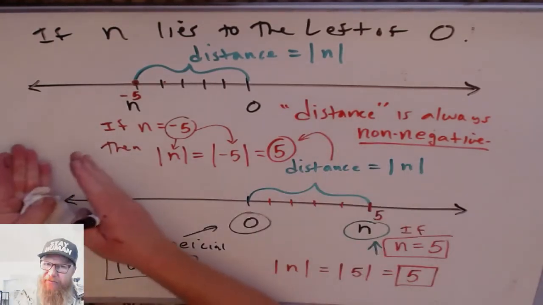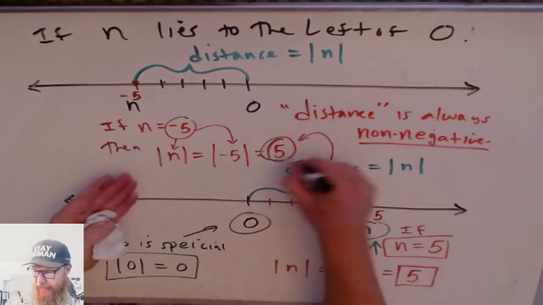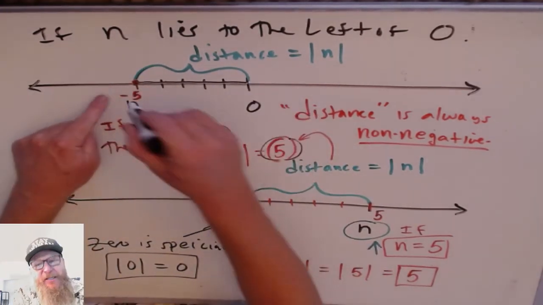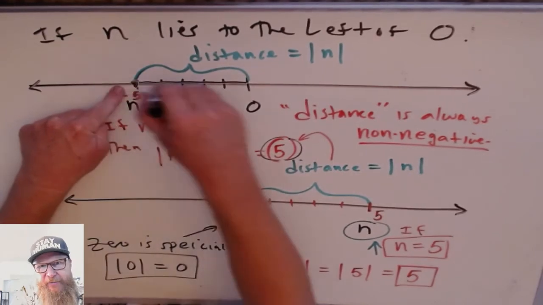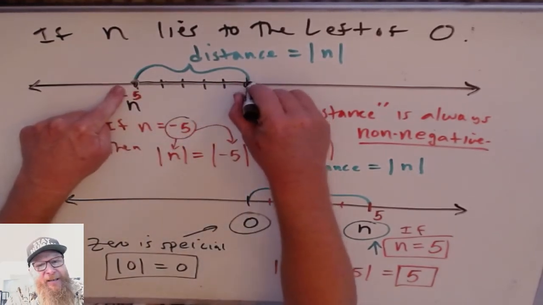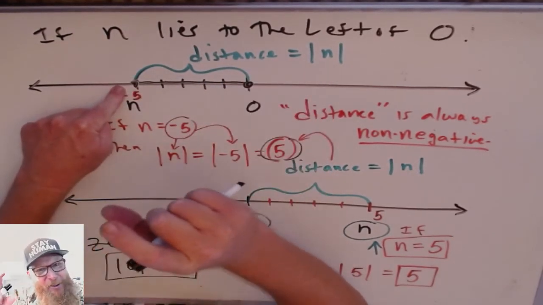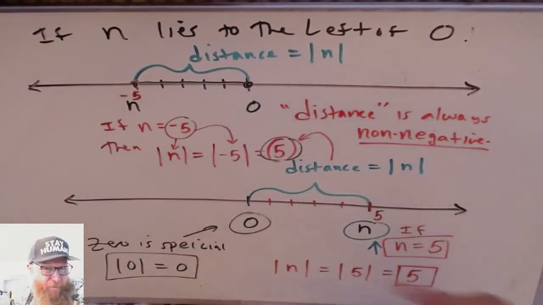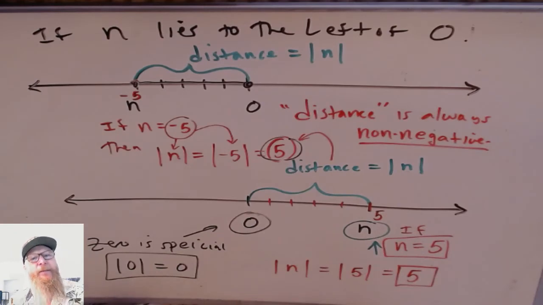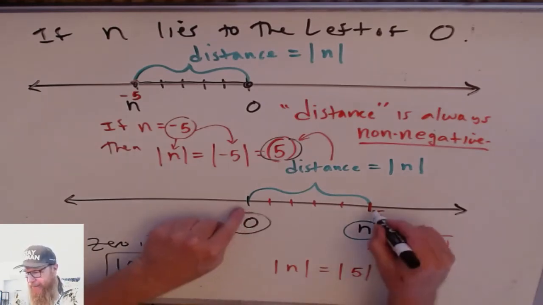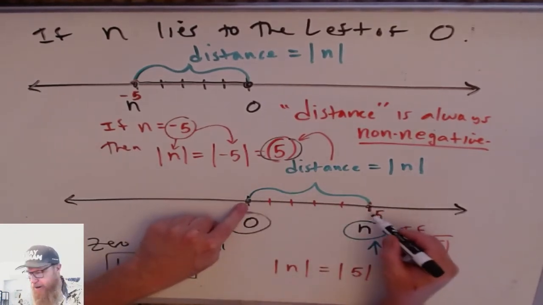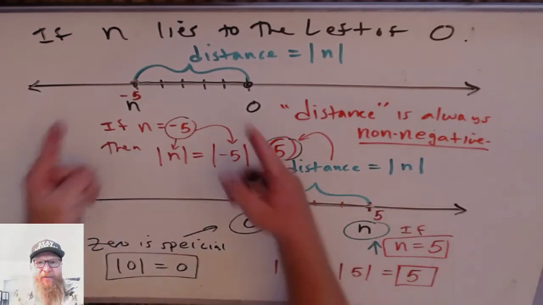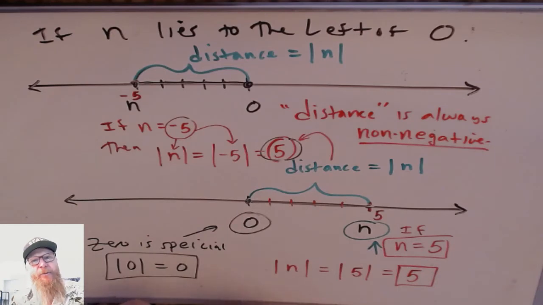If it's on the left, the distance is still positive, because we're just talking about how far it is. Imagine if you got in your car and you drove from negative 5 all the way to 0, and you looked at the mileage on your car odometer, it would still say 5, or 5 whatever, miles, probably miles. And same thing over here. If you're on this side of 0 and you drive from 5 to 0, the mileage is still 5. So these have the same mileage.